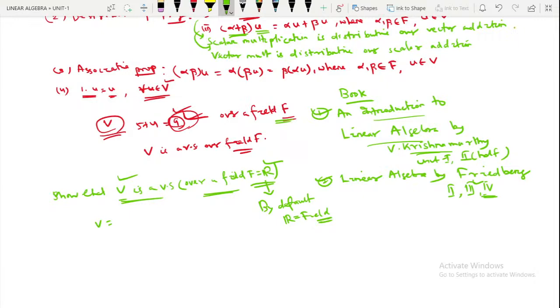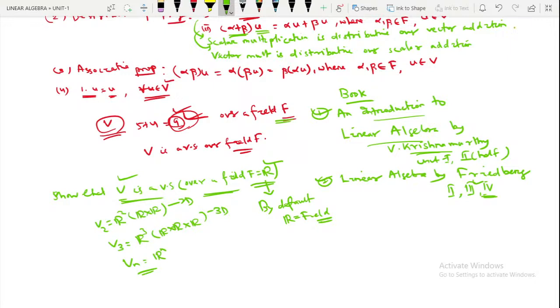And also here, the notation V2 is your R2, that is R cross R. Similarly, the notation V3 is your R3. This is your plane, 2D, and this is your space, 3D, and Vn represents Rn.